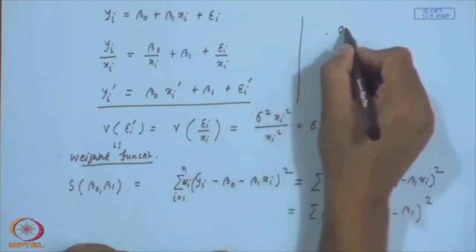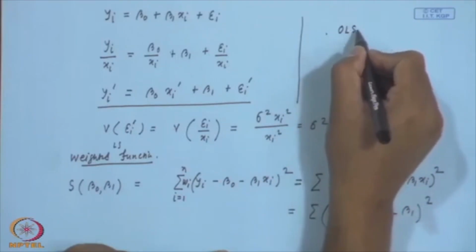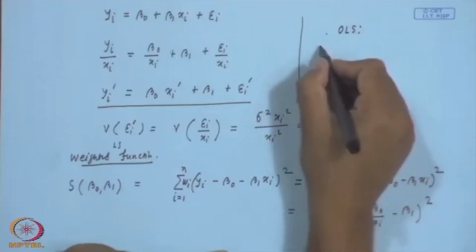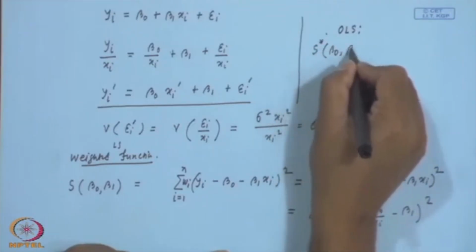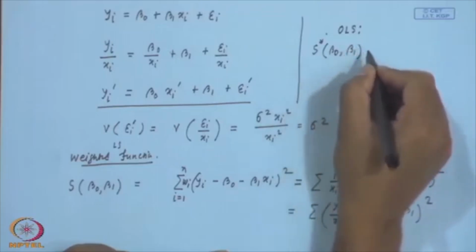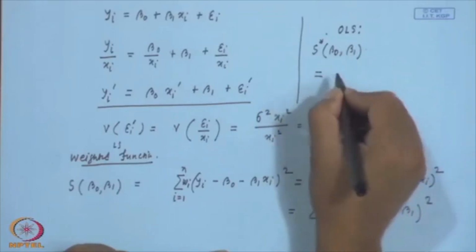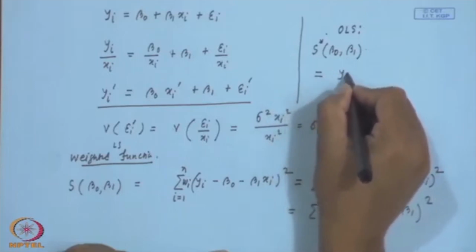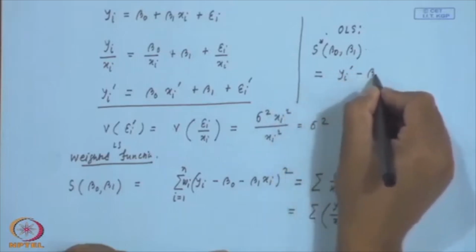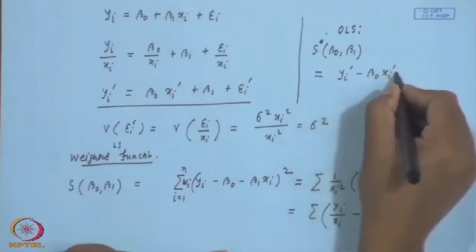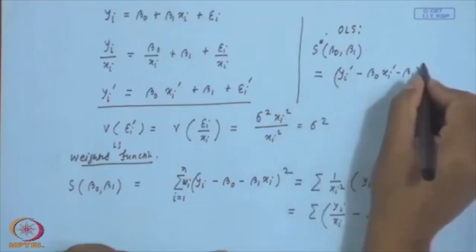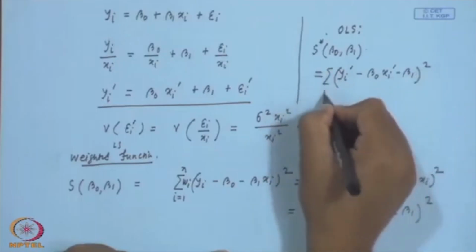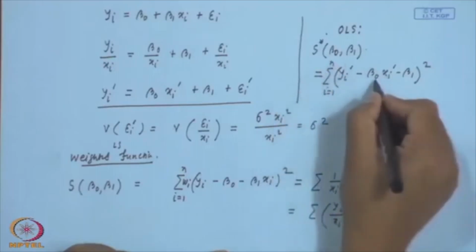So, we can go for the ordinary least square technique, and the function we will minimize, say call it S star of beta naught and beta 1, is equal to the sum of (y_i' − β0 x_i' − β1) squared. So, we will minimize this to estimate beta naught and beta 1.